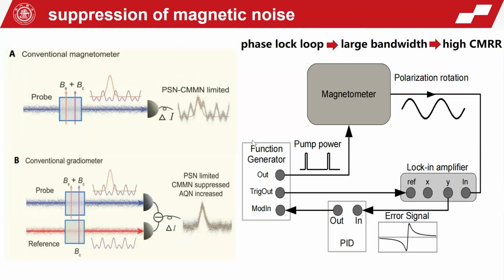So then the last thing we want to cancel is the magnetic noise, especially when the sensitivity is quite high. It's quite sensitive, so we will definitely see lots of magnetic noise. There's a conventional way to reduce this noise. It's called a gradiometer. We also apply a phase lock loop. It will also increase the bandwidth of the sensor and reach a very high common mode rejection ratio.